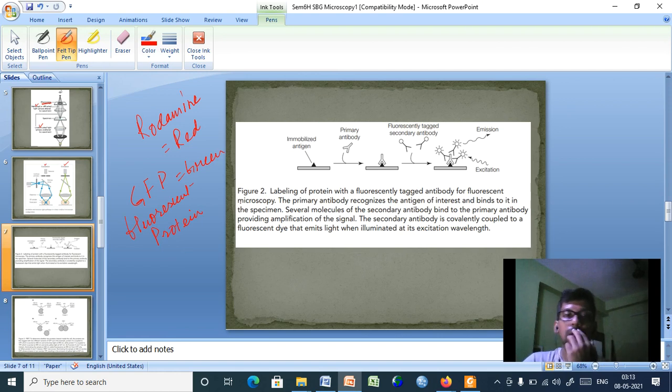And there are some other fluorescent proteins like CFP, or cyan fluorescence protein.